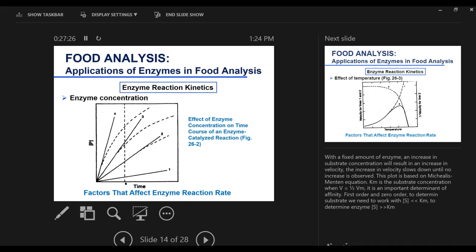So if I look at enzyme concentration 3, what happens over time is I'm depleting the substrate really fast. So if I deplete the substrate really fast, the actual change is this. This is the predicted, but this is the actual because I'm running out of substrate at this concentration of enzyme very fast at this time point.